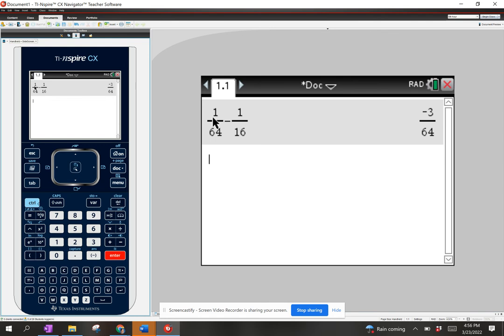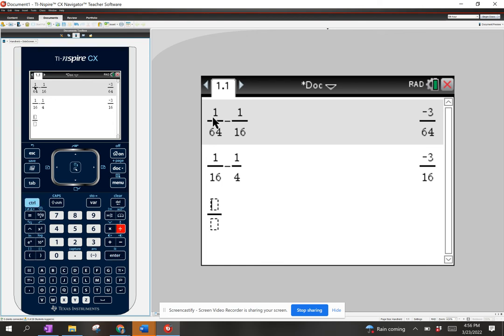So then do 1 over 16 minus the next previous term. Notice that those are not the same, so don't even keep going with a pattern.